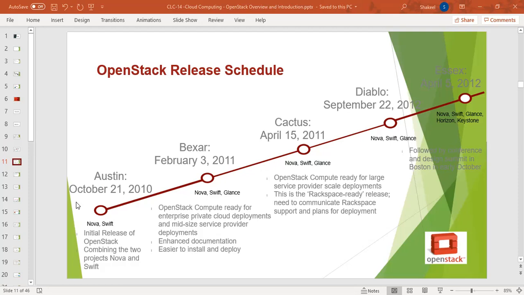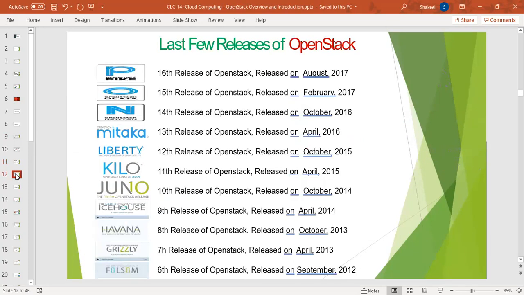Then in 2012, followed by the Conference and Design Summit in Boston in early October. And then Essex 2012: Nova, Swift, Glance, Horizon, and Keystone joined hands. These are the last few releases of OpenStack. The last release was in August 2017. That was the 16th release.